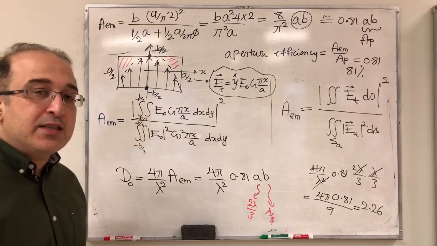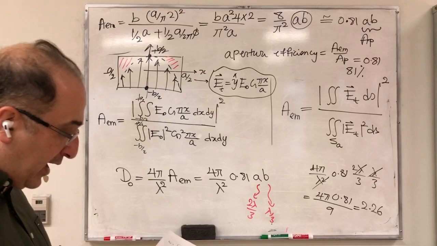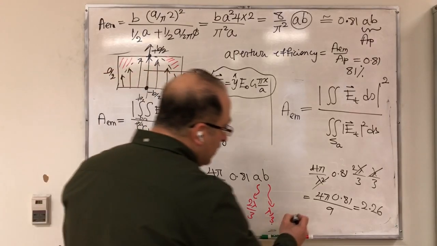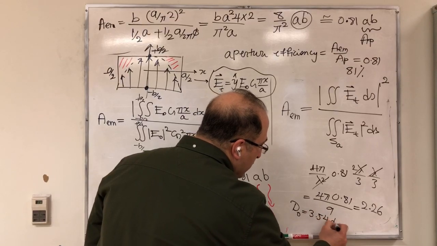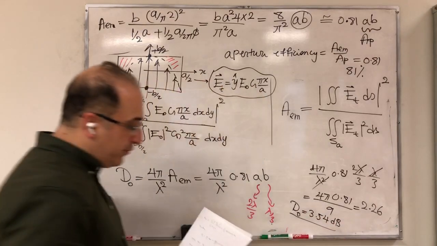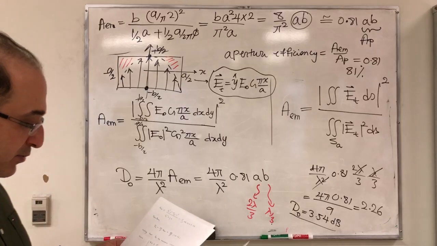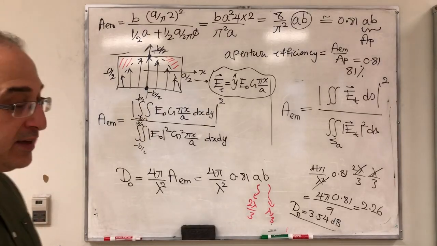So that's the maximum directivity that I have. And if I convert it to dB, that's going to be 3.54 dB. That's going to be the directivity of this antenna.